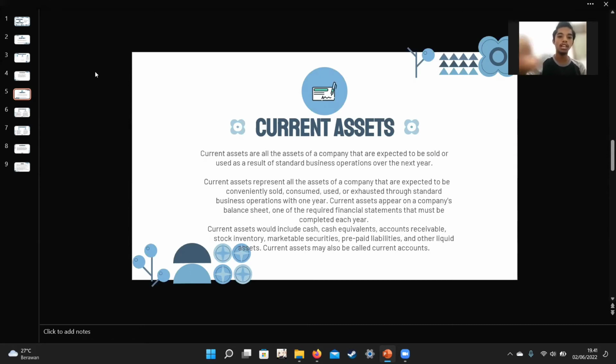Current assets appear on a company's balance sheet, one of the required financial statements that must be completed each year. Current assets include cash, cash equivalents, accounts receivable, stock inventory, marketable securities, prepaid liabilities, and other liquid assets. Current assets may also be called current accounts.